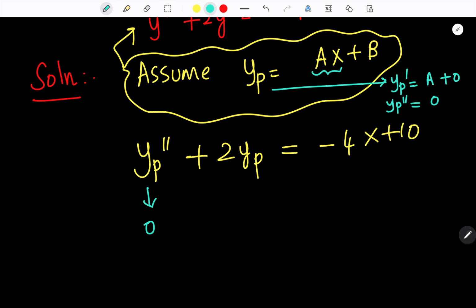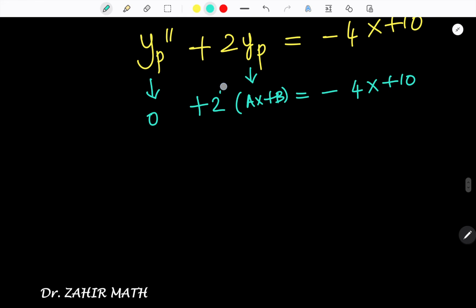So yp double dash is 0 plus 2 times yp, which is ax plus b, equal to minus 4x plus 10. Right. So multiplying, we get 2ax plus 2b is equal to minus 4x plus 10.